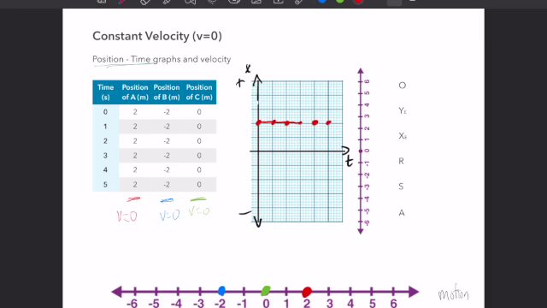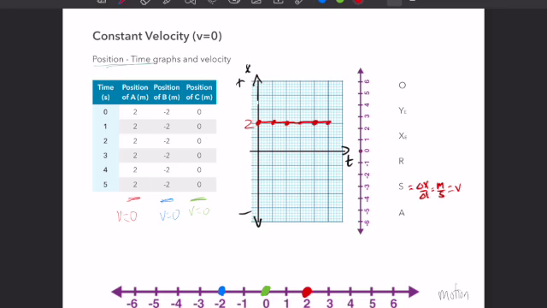So that is what a graph of constant zero velocity is. It shows the position was 2 and remained at 2 the entire time. You may also notice that the slope is 0. Now the slope is delta x over delta t, which has units of meters per second. Well, that's velocity, the velocity is 0, so we would expect a 0 slope.